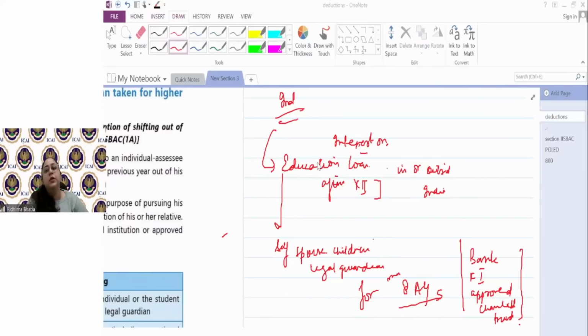Interest is fully deductible. Correct. जितना भी है interest आप उतना claim कर सकते हो. Obviously it cannot be more than gross total income. It is fully deductible. No limit. अब क्या हुआ guys?